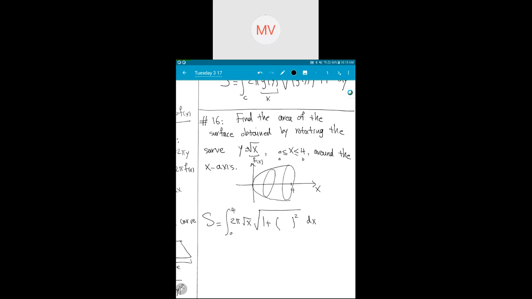And what is the derivative of root x? Derivative of that, if you recall, is 1 over 2 root x, right? Okay, that was the setup.